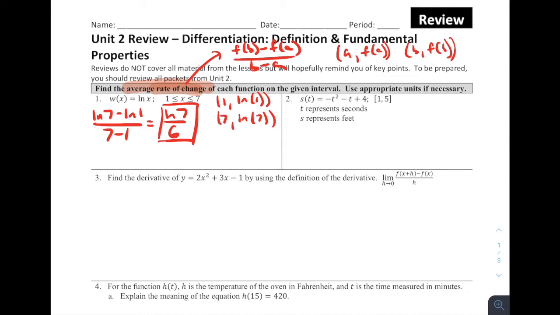So in this case, if we want to find the average rate of change, we're thinking about plugging in 1 for our input, and so we would have S of 1 as our output. We would plug in 5, we would have S of 5 as our output. So this should be S of 5 minus S of 1 divided by 5 minus 1.